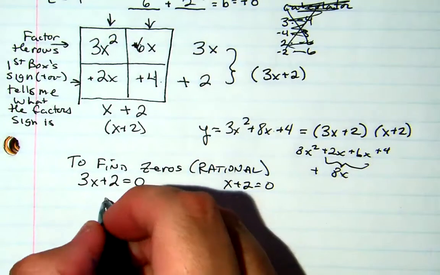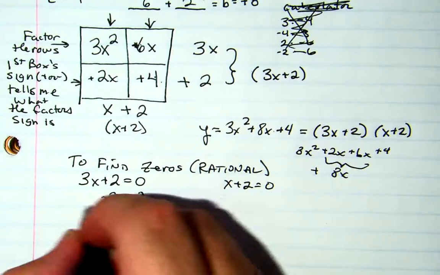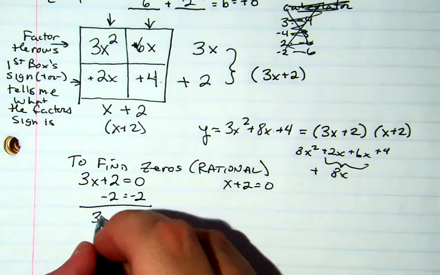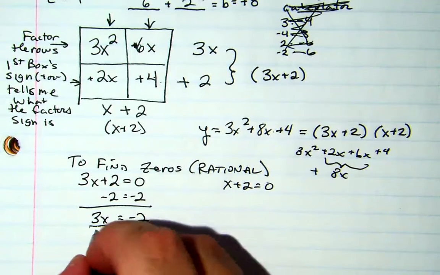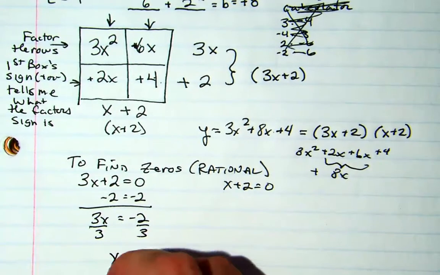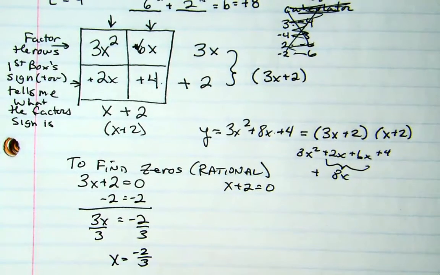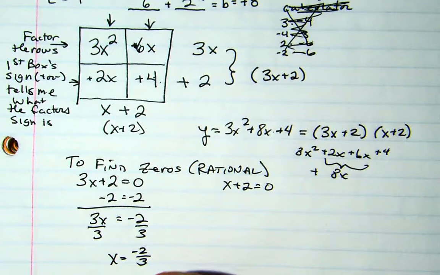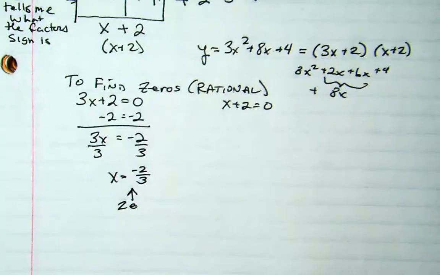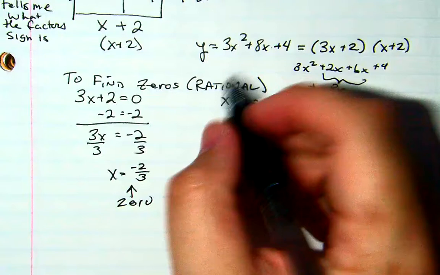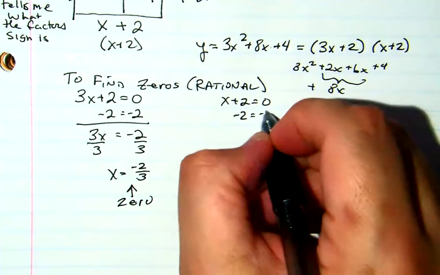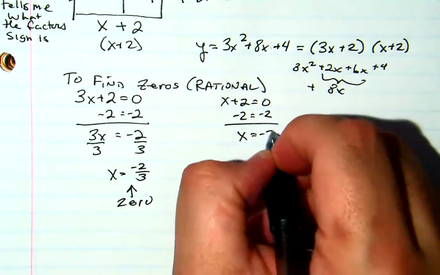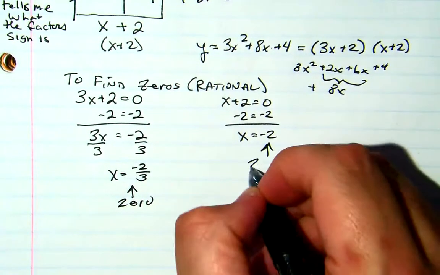Solve for x in each case. Subtract 2. Negative 2 equals negative 2. 3x is equal to negative 2. Divide by 3. Divide by 3. X is equal to negative 2/3. So, this is a 0. Subtract 2 from both sides. X equals negative 2. This is another 0.